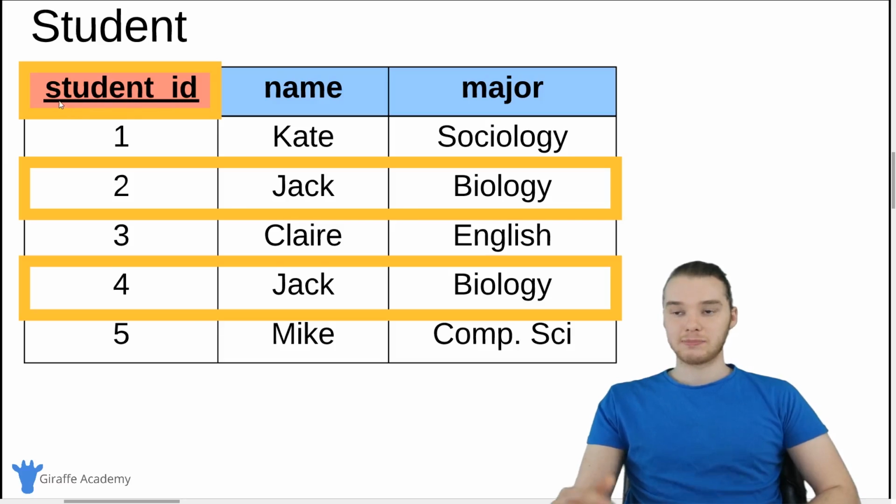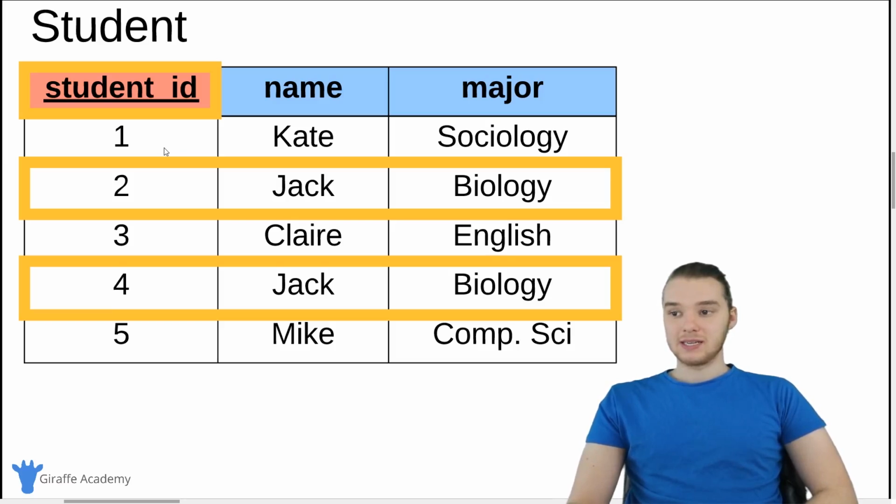And this underline is basically going to specify that this column or this attribute of the student is going to be the primary key. In other words, we can use this attribute to uniquely identify a specific row. So over here we have Kate, and she's a sociology major and her ID is 1, right? So we would say that Kate's primary key is 1.